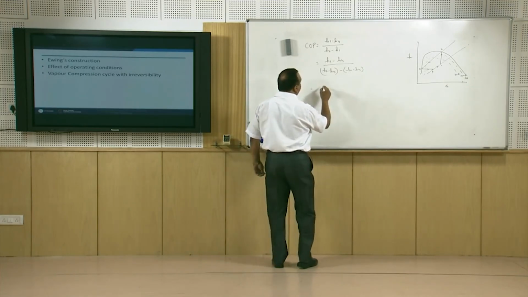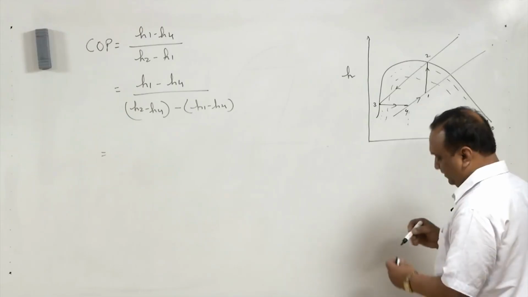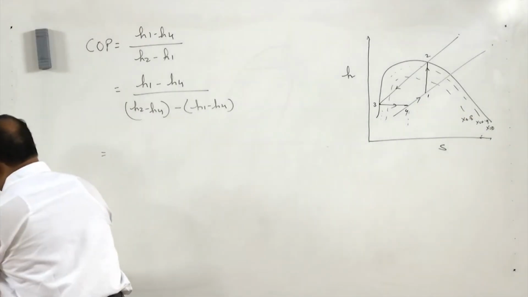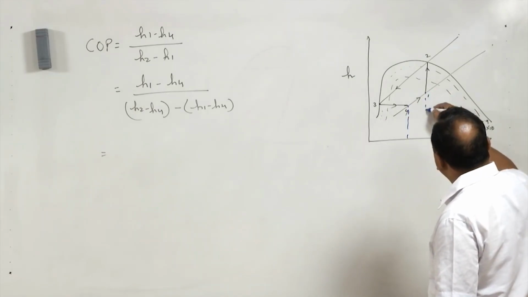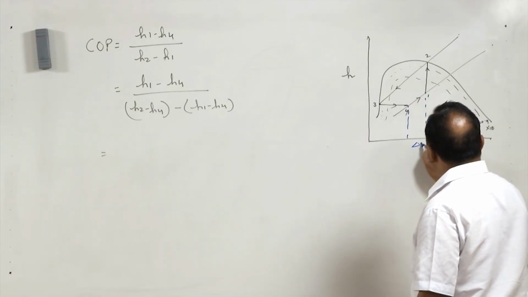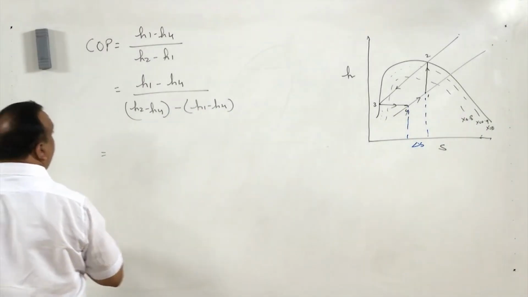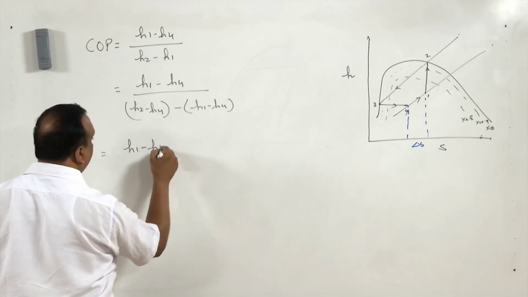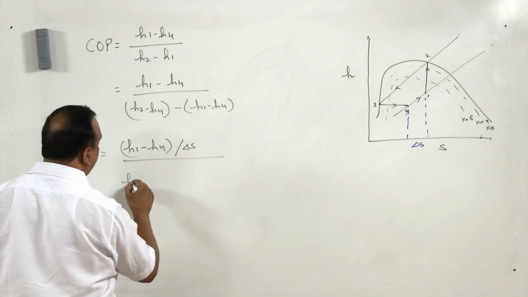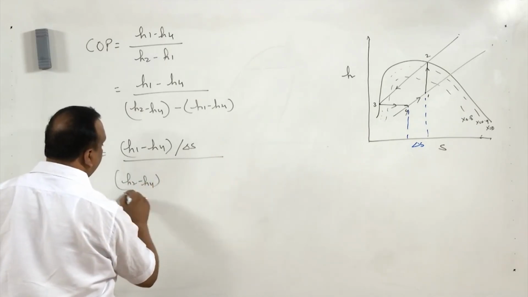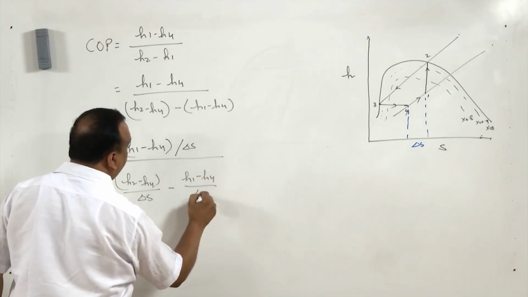Divide now by delta S, where delta S is the change in entropy. So, here we can write H1 minus H4 divided by delta S, divided by H2 minus H4 divided by delta S minus H1 minus H4 divided by delta S.